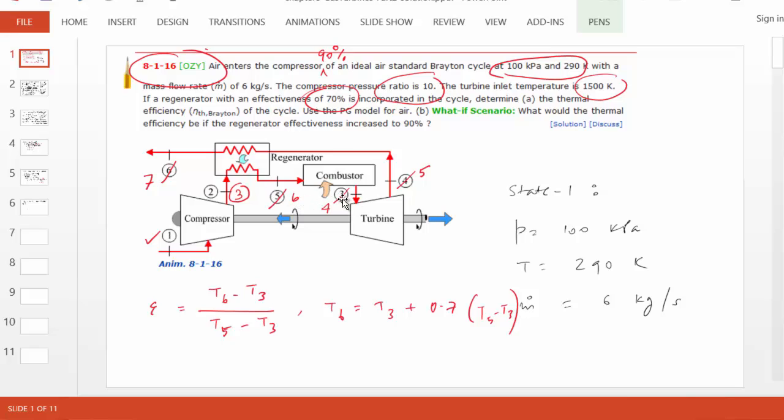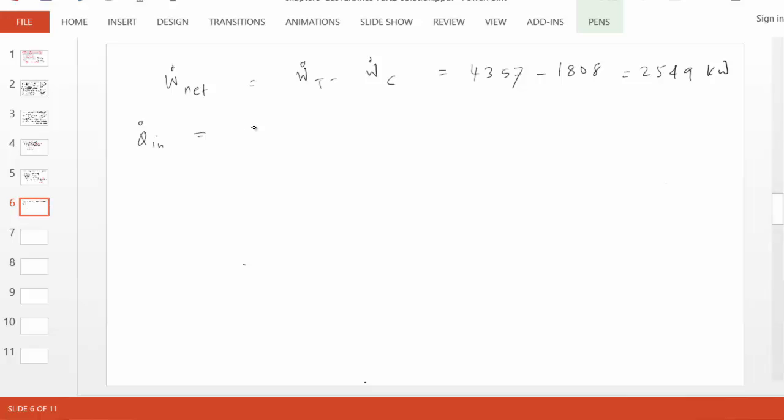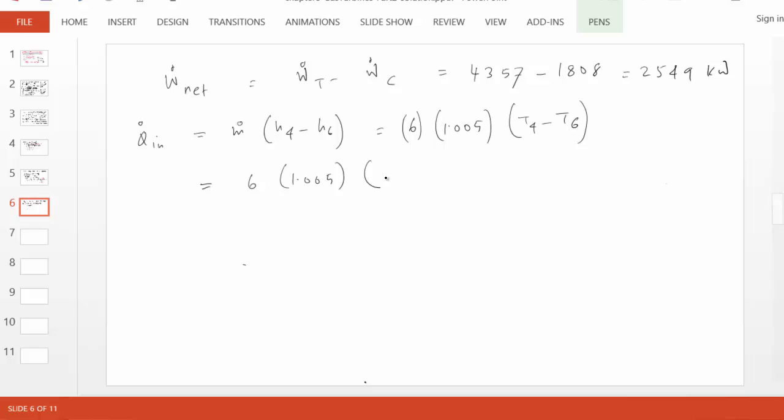So it's m dot H4 minus H6, m dot Cp T4 minus T6, and if we substitute T4 and T6, and T6 is 590 if you recall, and then we get approximately 4693 kilowatt.